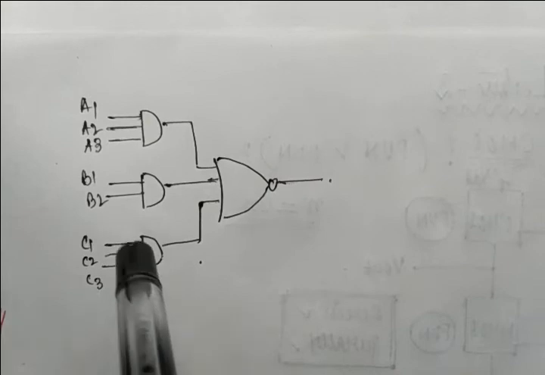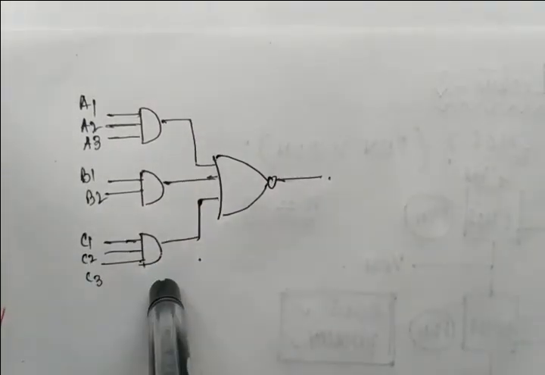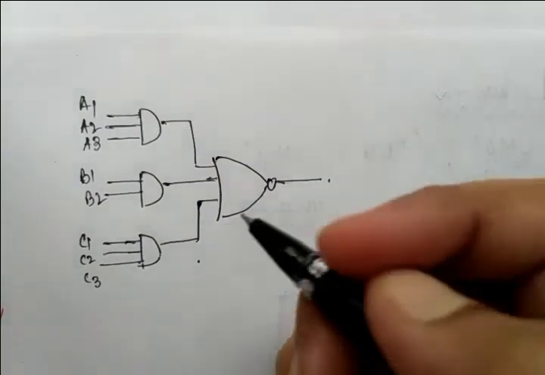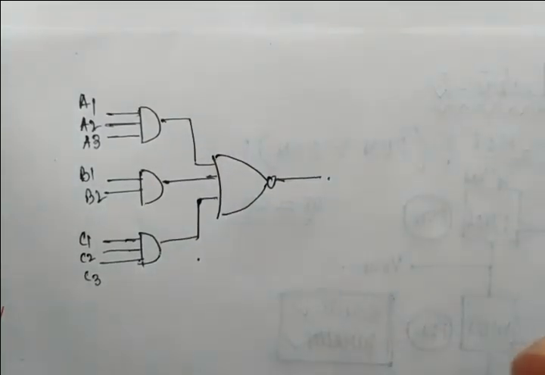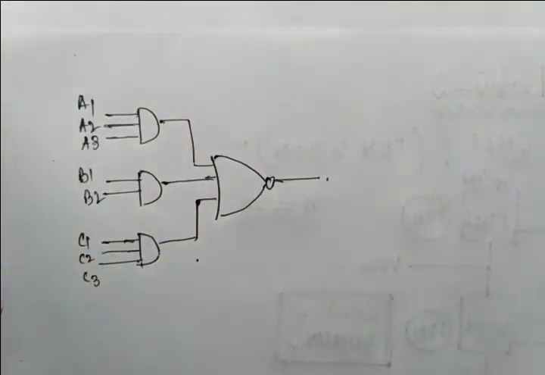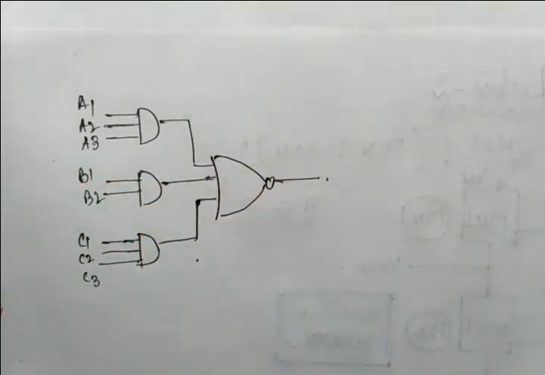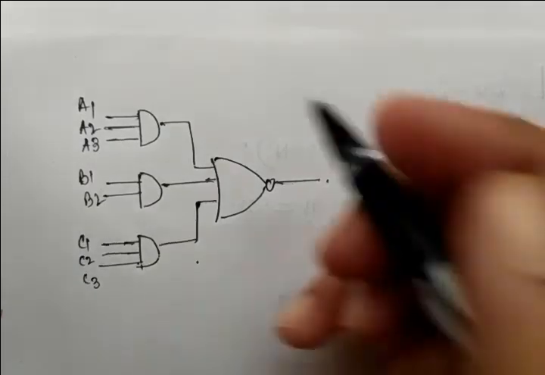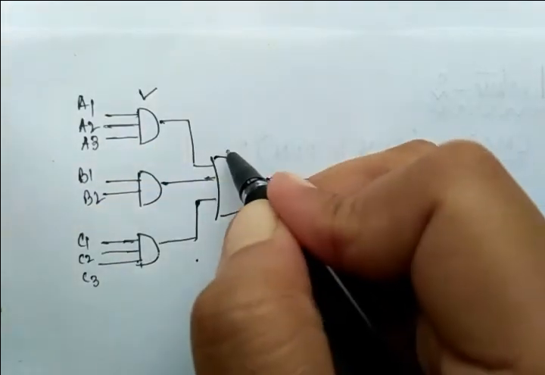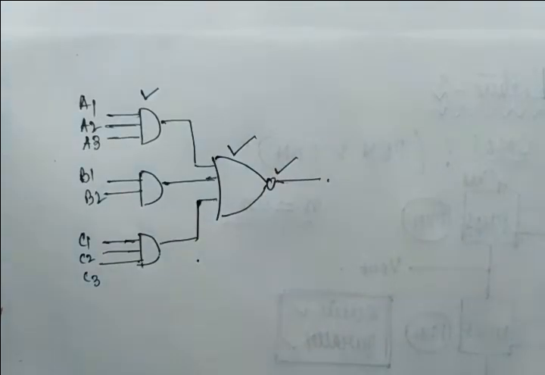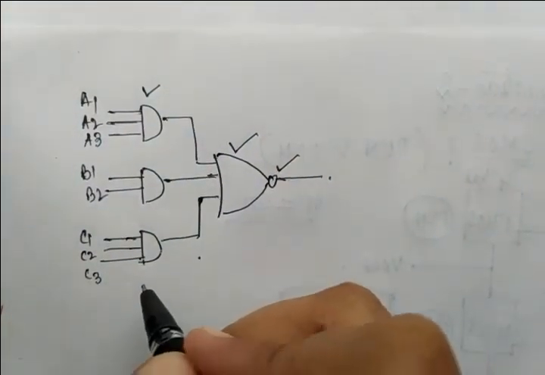What kind of logic? Please see this figure carefully: whether it is AOI logic or OAI logic, meaning AND-OR-inverter logic or OR-AND-inverter logic. It is clear that this is an AND gate, an OR gate, and a NOT gate. So what kind of logic is used here?